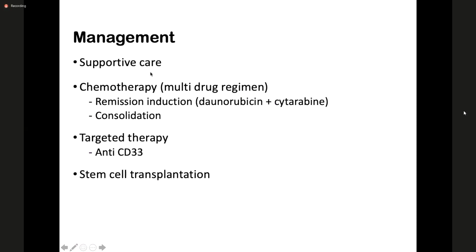So, supportive care. As you all know, under the supportive care, we tend to give blood transfusion if the patient's hemoglobin is low and the patient is having symptoms of anemia.